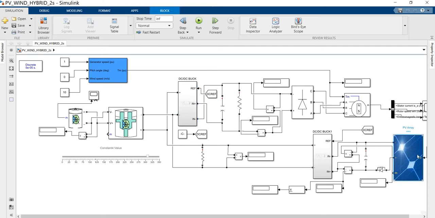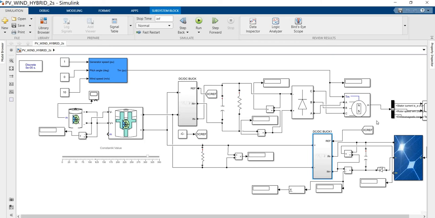The other source here is the PV photovoltaic panel. Its output DC is converted into regulated DC using a DC to DC buck converter. The battery is integrated into the DC rail or DC grid through the charge controller.